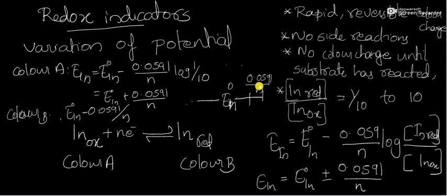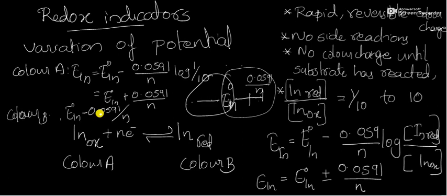Positive side means color A, that is E0In plus 0.0591 divided by N. That is the color A potential. This is the color B potential, that is the negative side. Color B is E0In minus 0.0591 divided by N. That is the color change for a redox indicator.